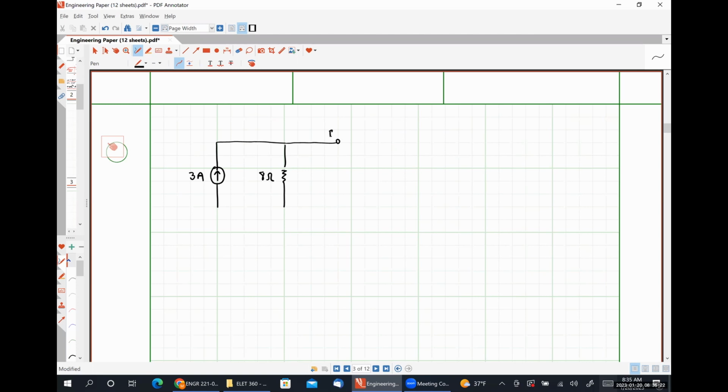So this is going to be terminal B. This is terminal A. And then our switch is going to be closed at position A until t is equal to 0, at which point it closes at position B. Over here, we're going to have a 125 microfarad capacitor.